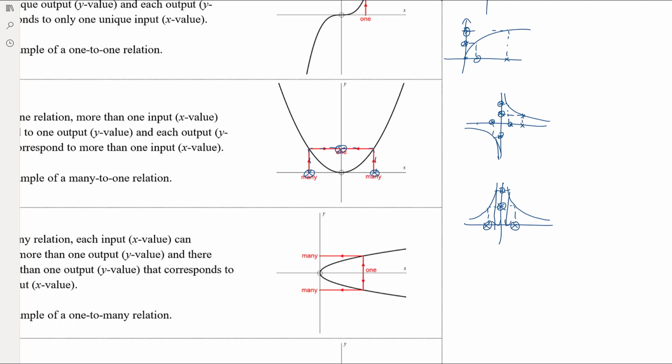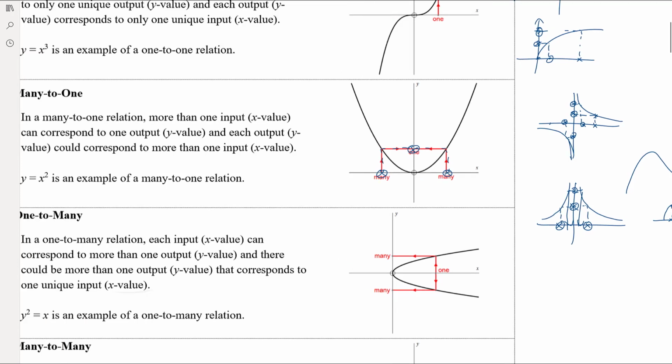What else have we looked at? As I said, some cubics that do something like this would be many-to-one. Something like a semicircle. It's a bit like a parabola in shape, only upside down. Same idea. Many x values producing one y value. Truncus, hyperbola, that's probably most of the graphs we've looked at.